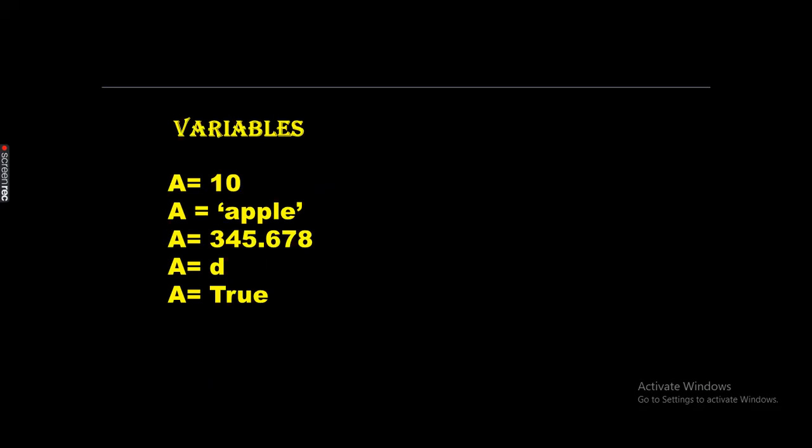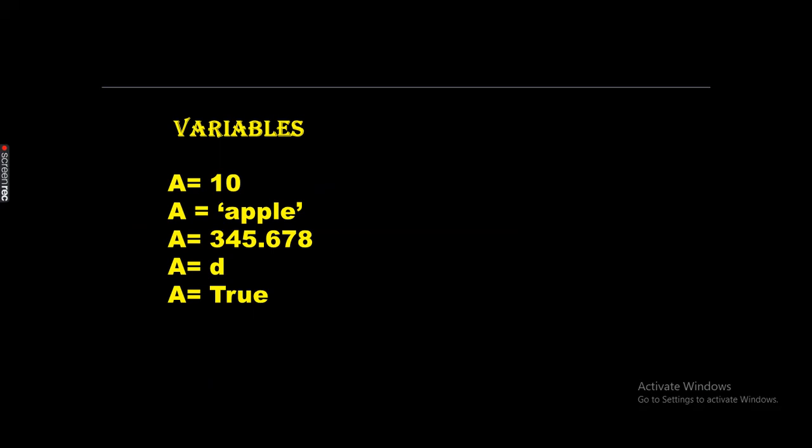Here I have assigned 10, apple, a float value, a character value, and a boolean value to the variable. Later, if you want to change the value of a from 10 to 20 or 40 or 60, whatever it is, you can just assign it to the variable. So a contains the value, irrespective of data type. So we can utilize the data type.